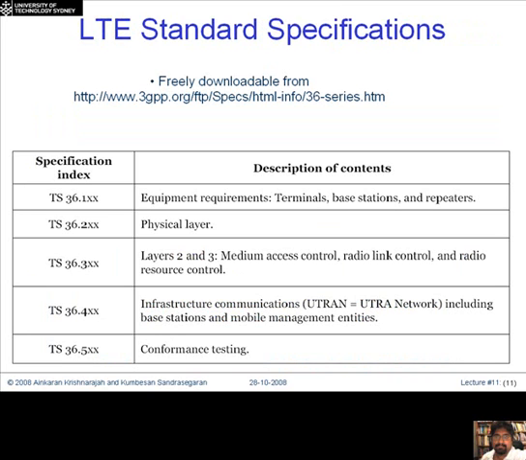The specifications have been classified into 5 groups: 36.1, 36.2 up to 36.5. Each one of these groups focuses on different aspects of the LTE standards. The 36.1 standards focus on equipment requirements, terminals, base stations, repeaters, and so forth.